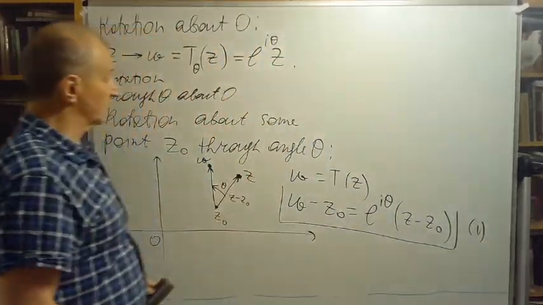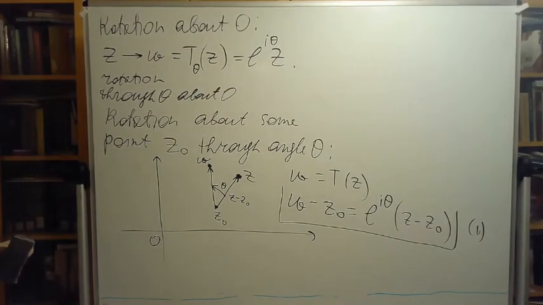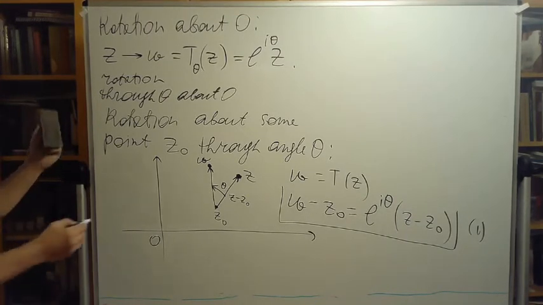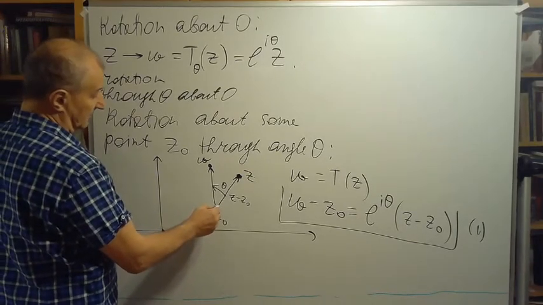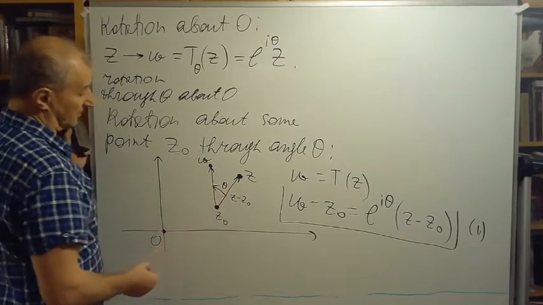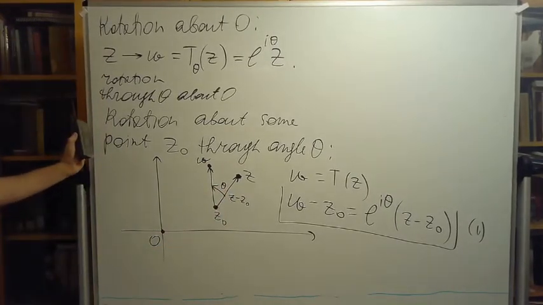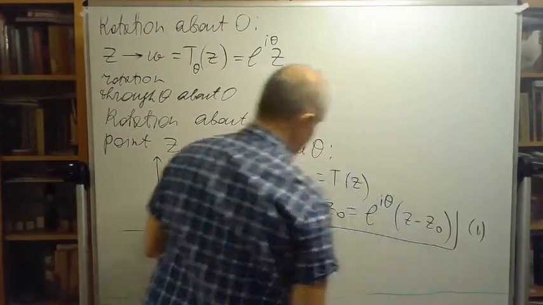This is much more convenient than the approach offered in your textbook when solving certain problems. Right? We don't really care that the origin is not at the point z0, because we can consider rotation about z0 right away, we'll just consider the differences of vectors instead of the vectors themselves.